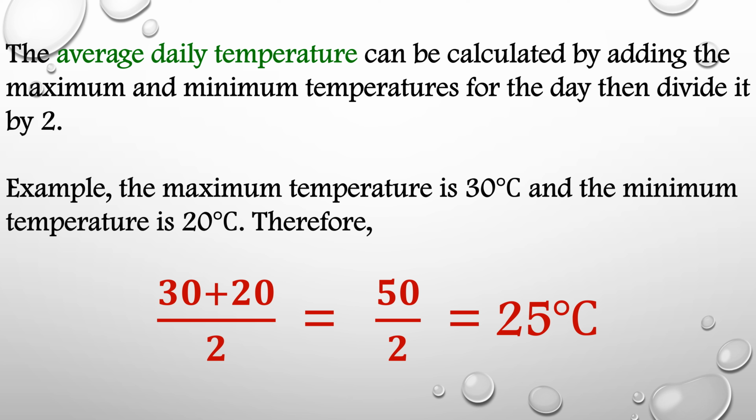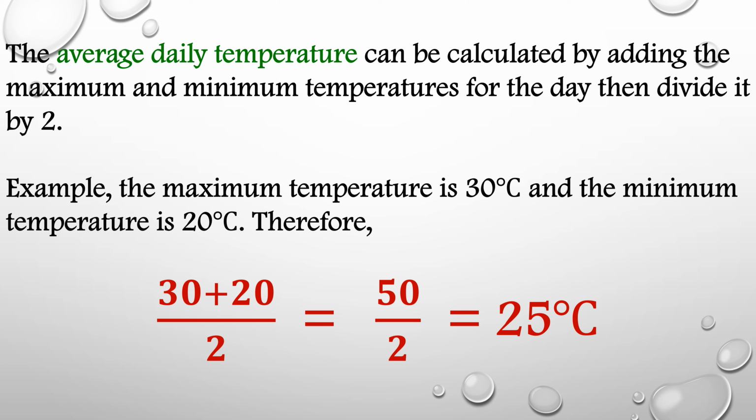Therefore, we're going to divide by 2. When we add 30 to 20, we get 50. We then divide the 50 by 2, which will give us 25 degrees Celsius. This 25 degrees Celsius, students, is the average daily temperature, or the average temperature for that particular day.